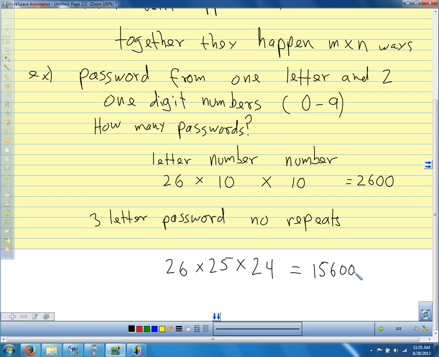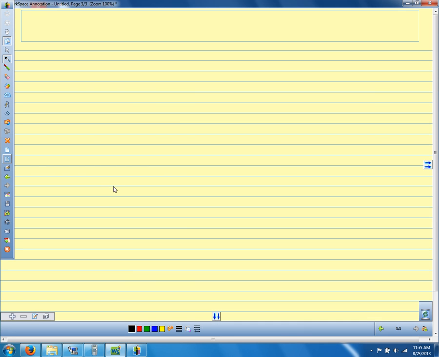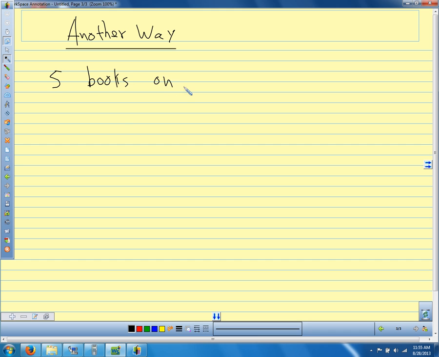All right, let's look at another example and come up with another way of describing what we're talking about here. Let's say we want to put 5 books on a shelf. How many arrangements?